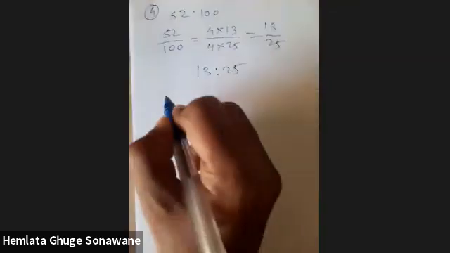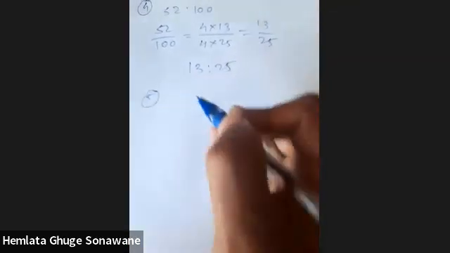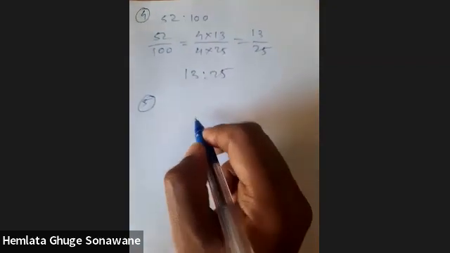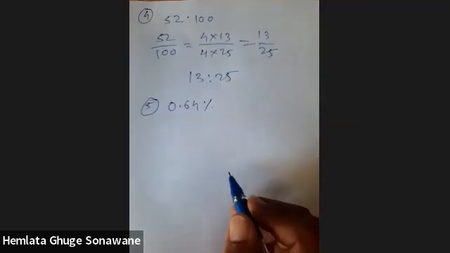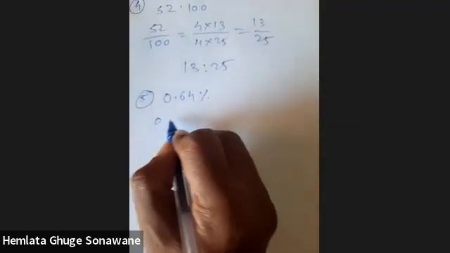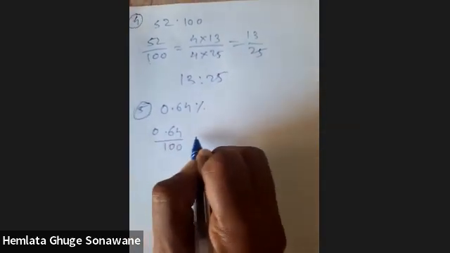We'll take the fifth example. 0.64%. We'll write it as 0.64 upon 100.